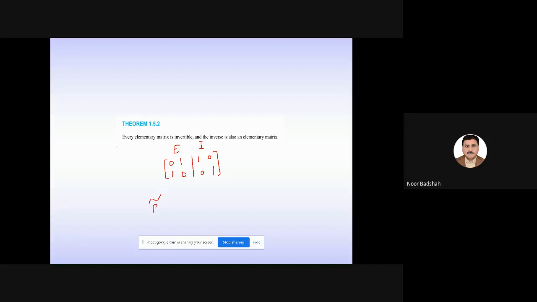Rows 1 and 2 will be interchanged. This becomes 1 0 0 1. We interchange the complete row now, giving 0 1 1 0. So in this case, E inverse will be what? E inverse is again 0 1 1 0, which is also an elementary matrix.